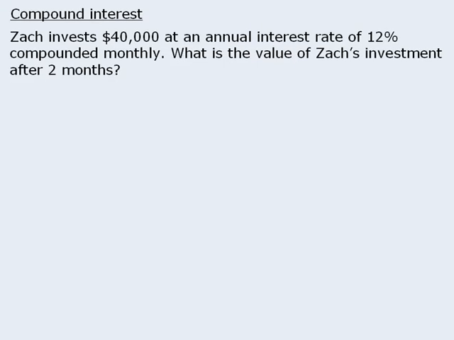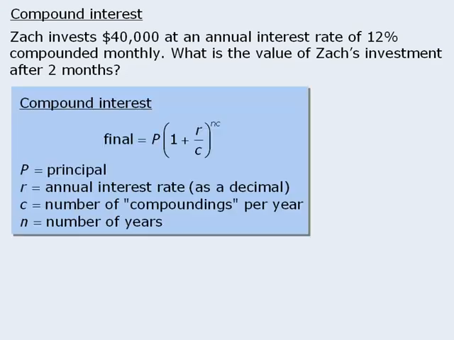Here, Zach invests $40,000 at an annual interest rate of 12%, which is compounded monthly. Our goal is to calculate the value of Zach's investment after 2 months. So once again, we will apply the compound interest formula. Now for this question, the principal is $40,000, the annual interest rate is 12%, which we will write as 0.12, and the investment is compounded 12 times each year.